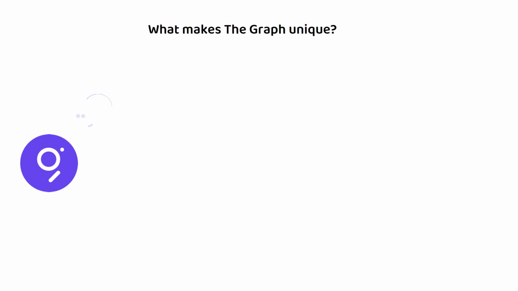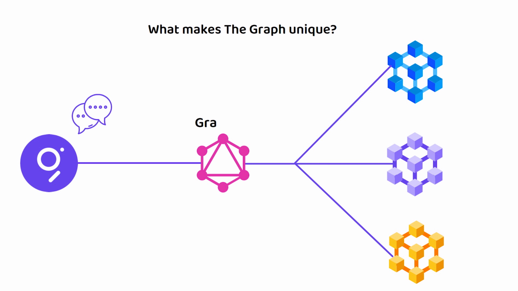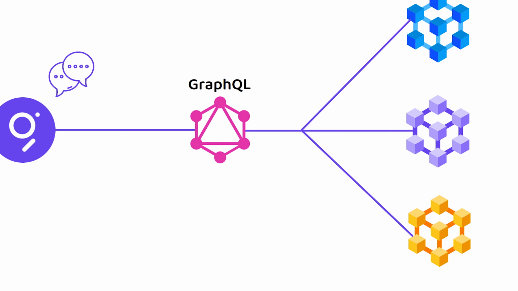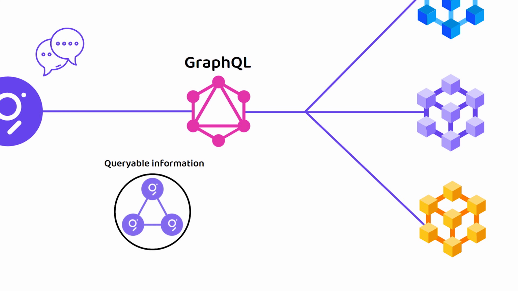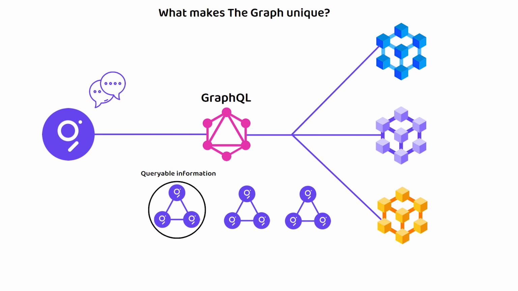The Graph can speak to multiple blockchains by using a query language known as GraphQL. Queryable information is organized into subgraphs. Multiple subgraphs can be used, and a single subgraph could contain many more subgraph layers beneath it.